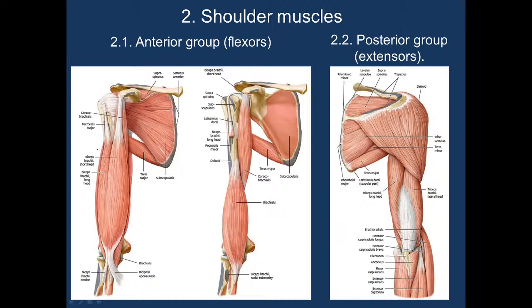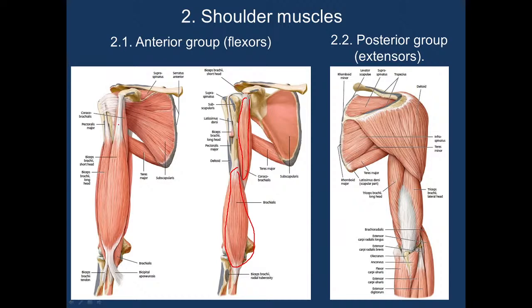And when we take off the biceps, we can nicely see other muscles of the anterior group. What I show you now is called Coracobrachialis muscle, and this one is Brachialis.